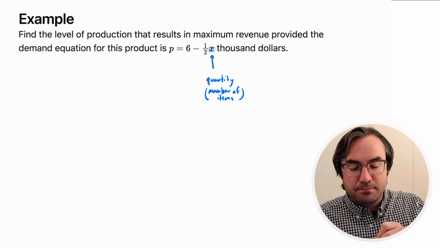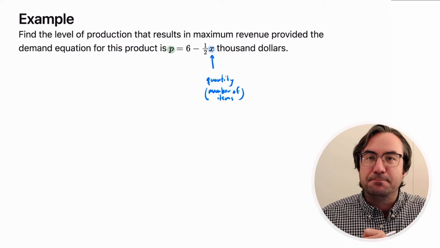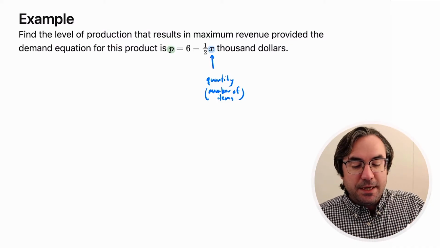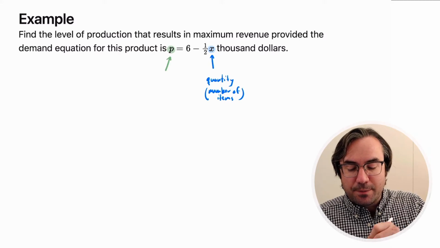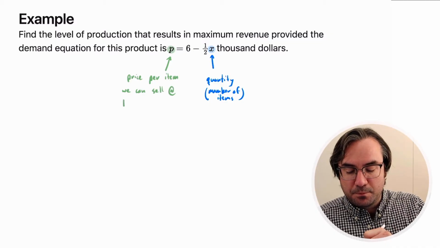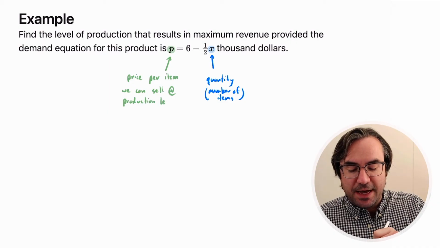What about little p? What does p represent? So when we're dealing with the demand equation, P, lowercase p, represents the price per item that we can sell at a production level of X.